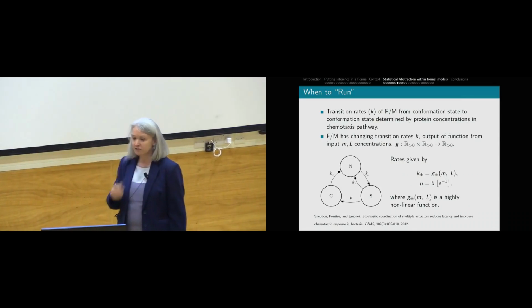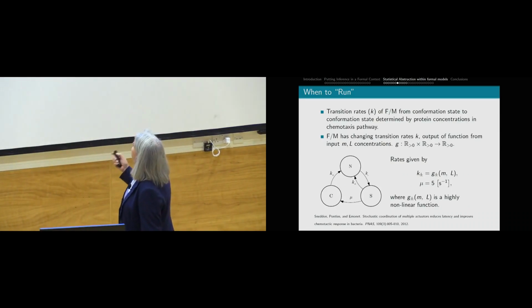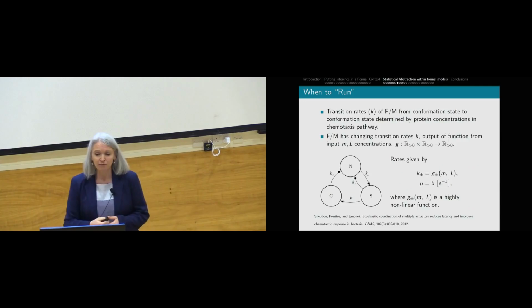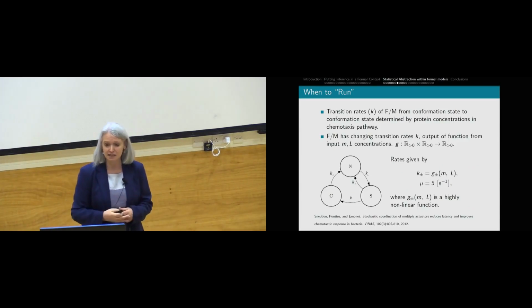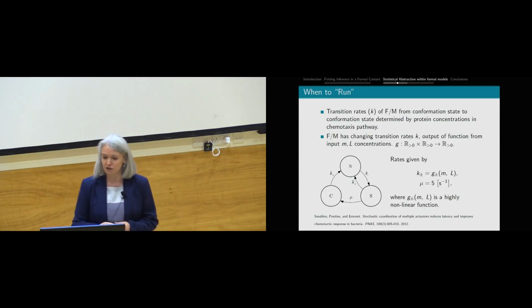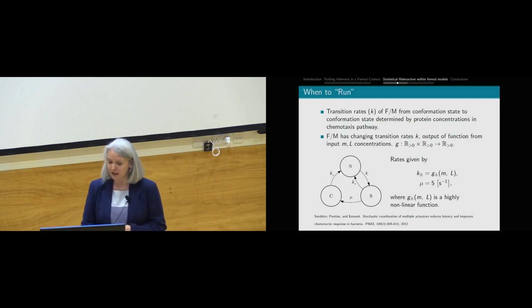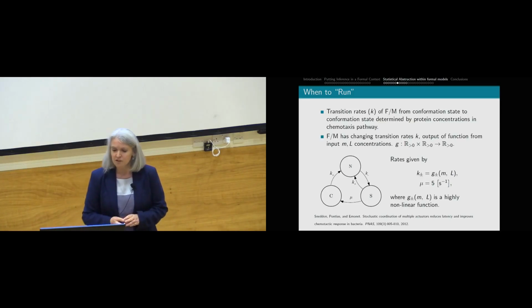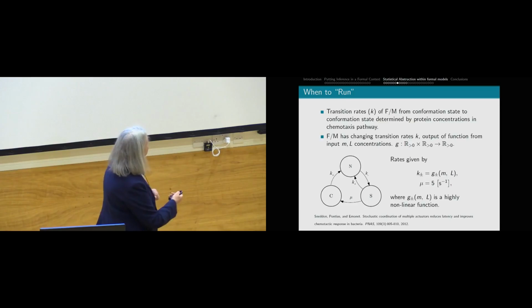So the transition rates for the FM from one conformation state to another are determined by the concentrations in the chemotaxis pathway, which are captured by these parameters M and L. So we assume that these rates, K minus, K plus, are a function of M and L, and actually this is just a kind of time delay.